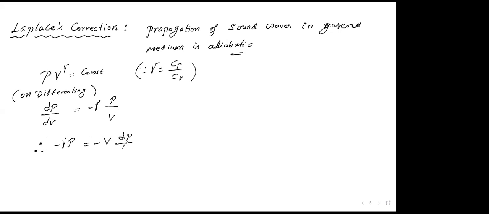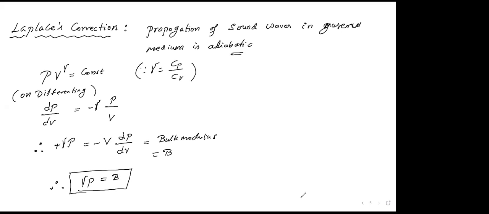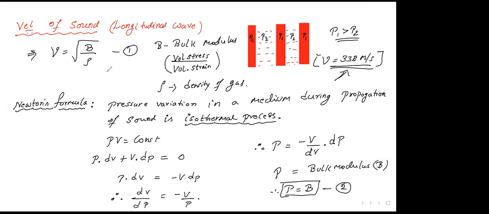Anyhow, this is the bulk modulus, so that can be taken as B. Therefore, gamma P is equal to B. Now see here, this is equation 1.